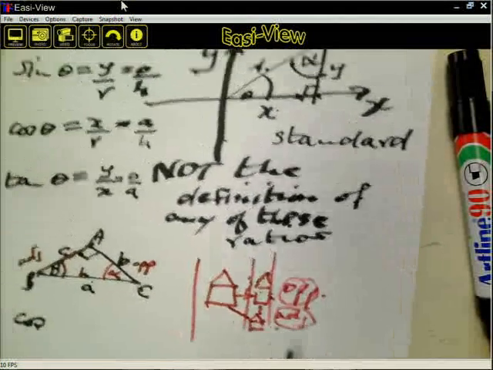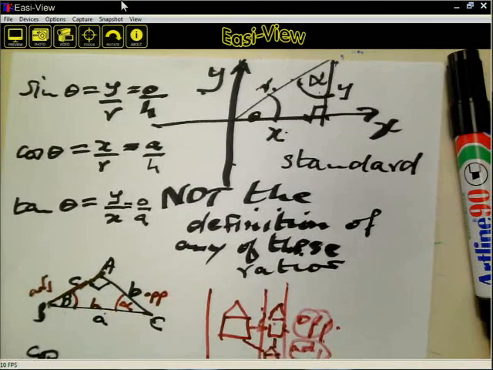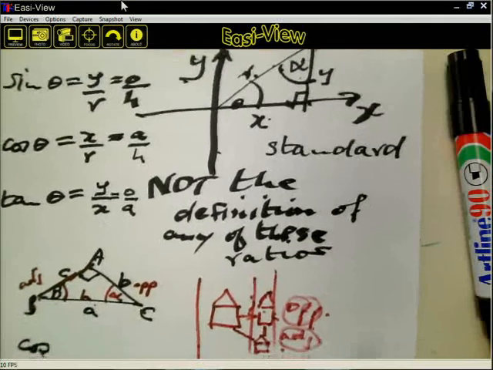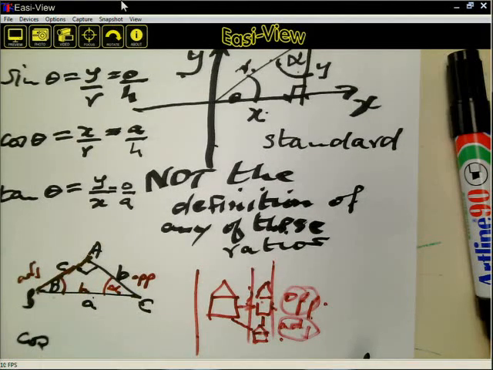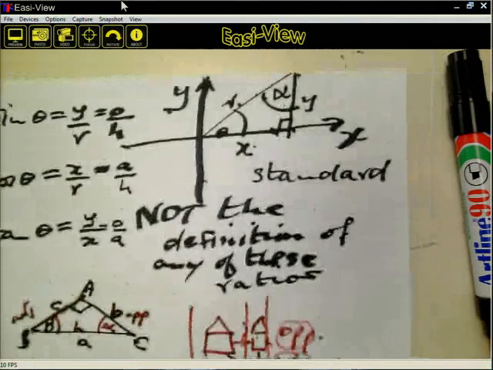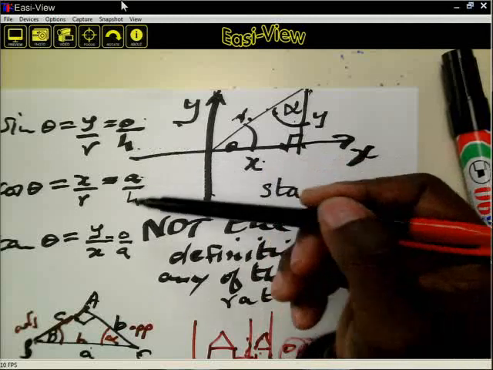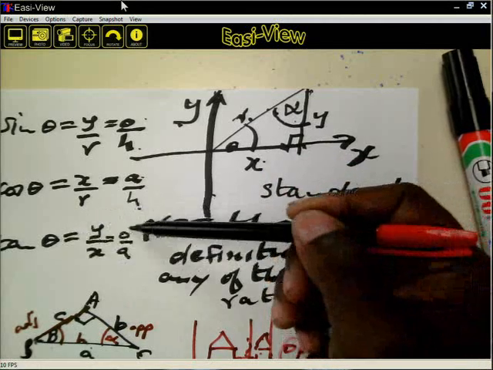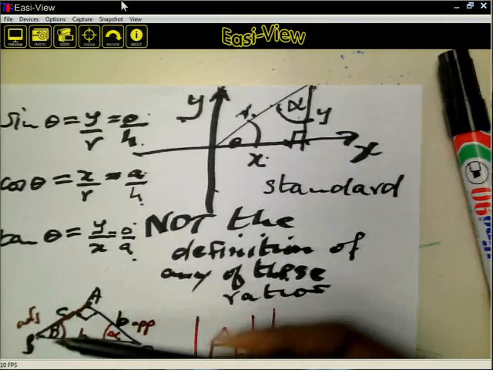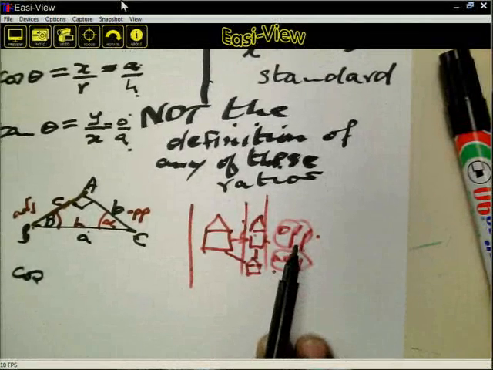So these three-dimensional problems are not difficult. You have first a right-angled triangle, and then you have a non-right-angled triangle. In the right-angled triangle, we use the definitions, the very definitions I'm talking about. Opposite over hypotenuse, adjacent over hypotenuse, and opposite over adjacent. But in a non-right-angled triangle, we often, most of the time, use the sine rule.